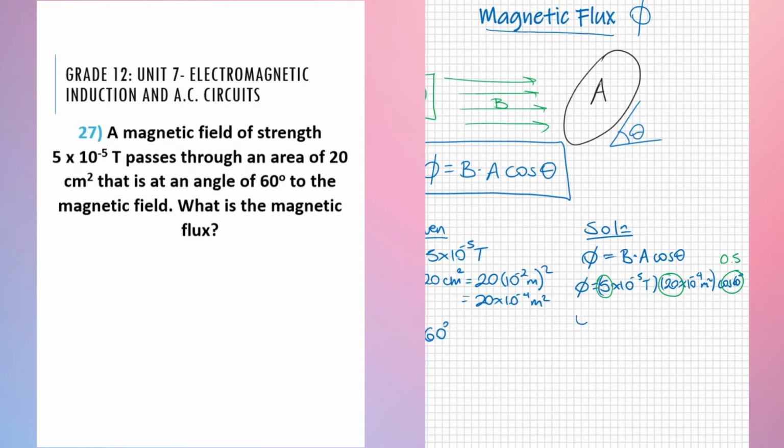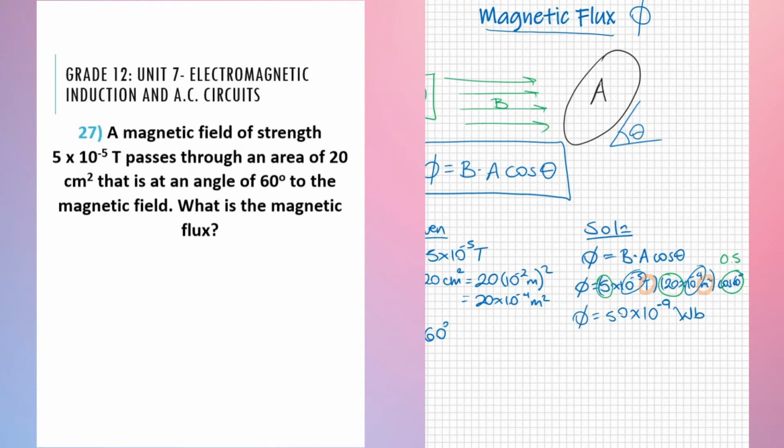So we have that the magnetic flux is 50 times, let's see these, the 10 to the power of minus 5 and 10 to the power of minus 4. You can put that together as 10 to the power of minus 9, which is simply minus 5 minus 4. And what about the unit we have? Well, we have the unit of Tesla and meter squared. So Tesla times meter squared is actually this new unit known as Weber, represented by WB.